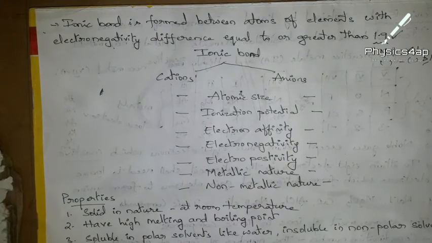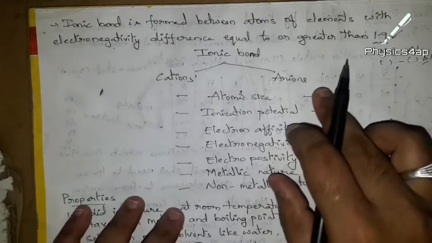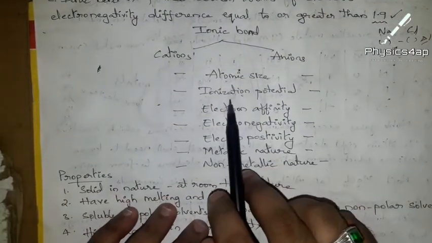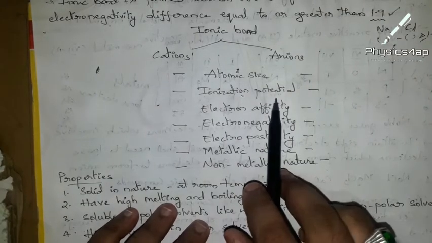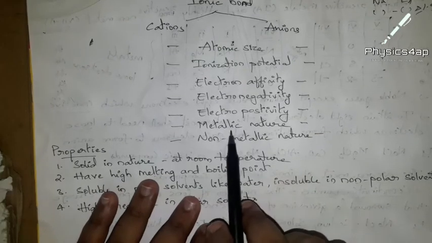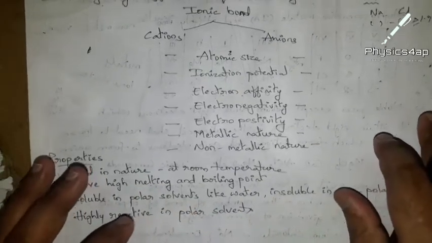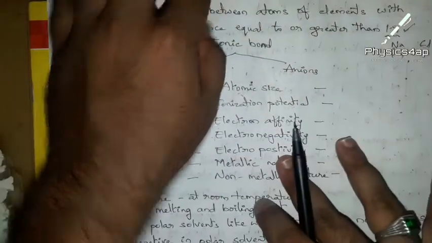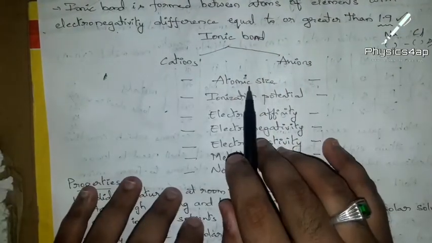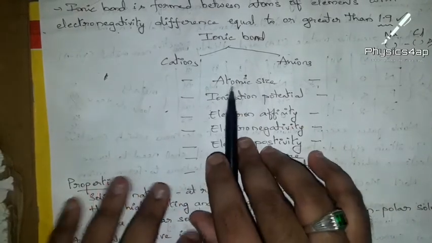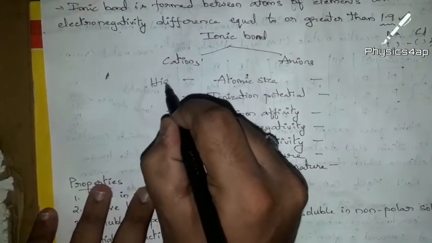Coming to the ionic bond formation, we have cation and anion. We have some properties over here as we have discussed in the periodic properties: atomic size, ionization potential or ionization energy, electron affinity, electronegativity, electropositivity, metallic nature and non-metallic nature. Now coming to the cations, let us see whether these properties should be high or low. All the cations should have high atomic size.